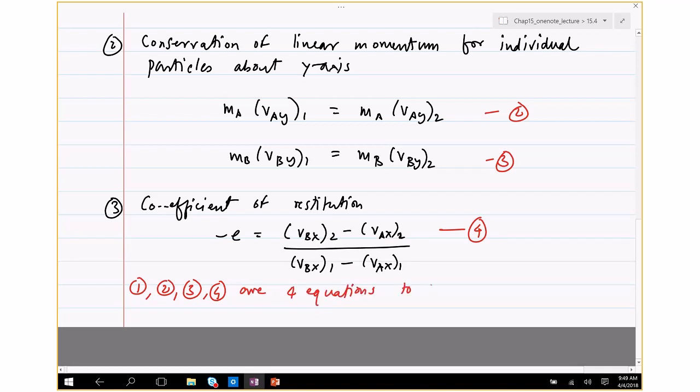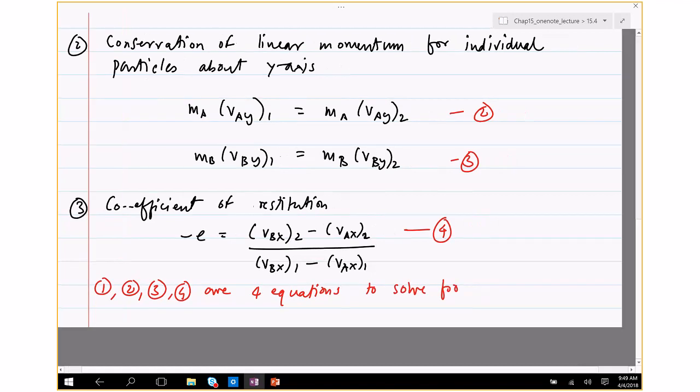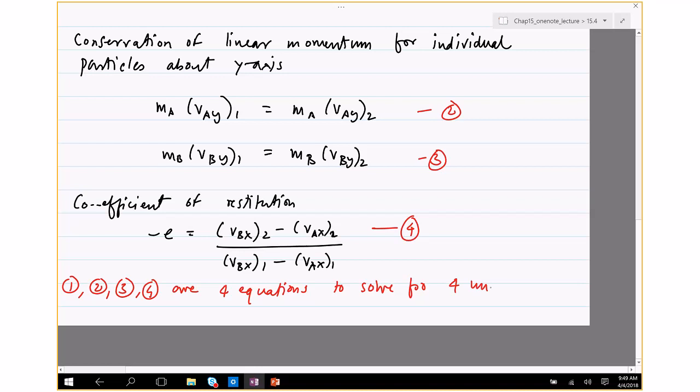So 1, 2, 3, 4 are the 4 equations to solve for the 4 unknowns: v_Ax, v_Ay, v_Bx, v_By after impact.